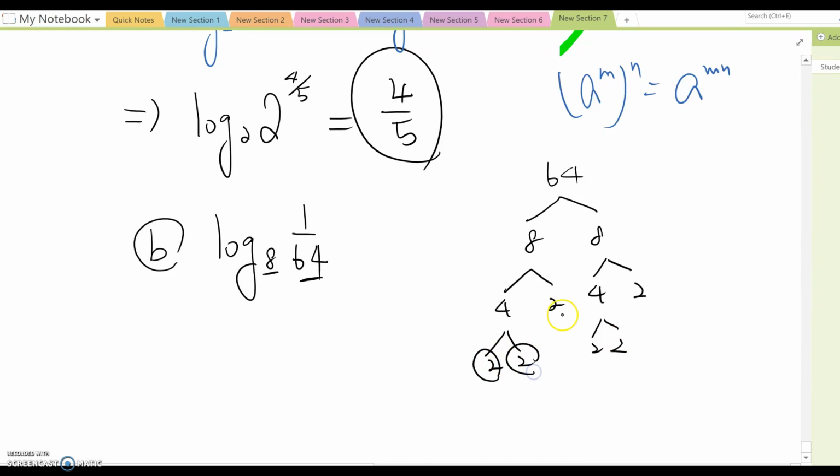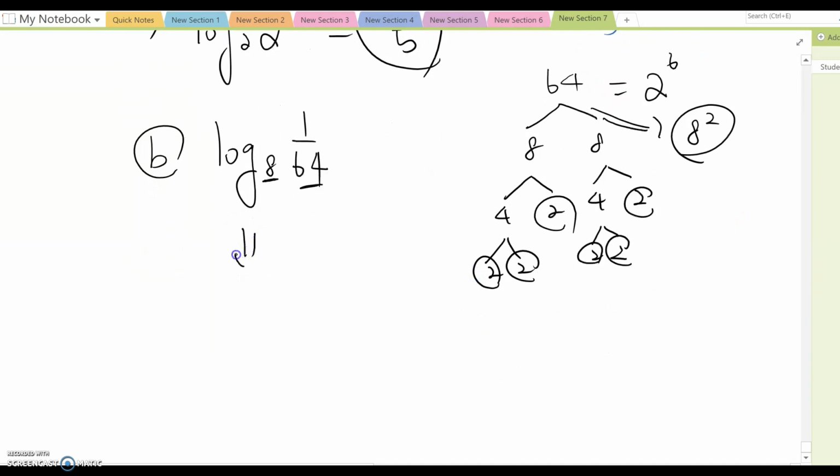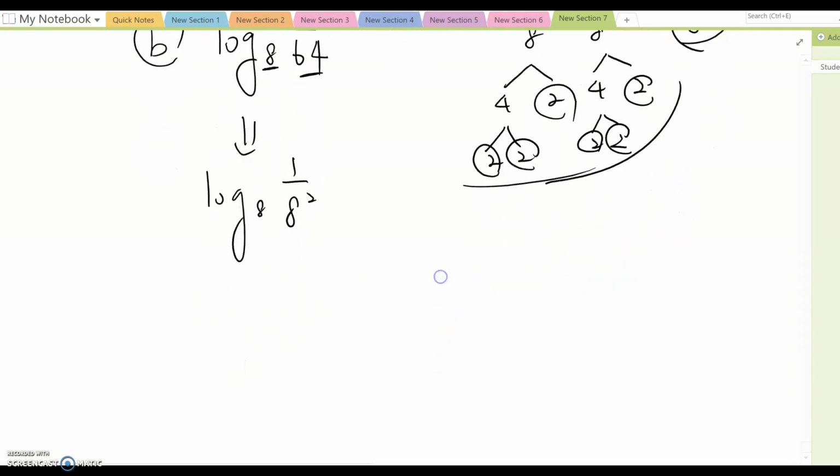So 1, 2, 3, 4, 5, 6. So it becomes 2 to the 6th power, right? But now the base is 8 here, which means 64 you can also rewrite as 8 squared as well. Therefore, this means log base 8 of 1 over 8 squared.